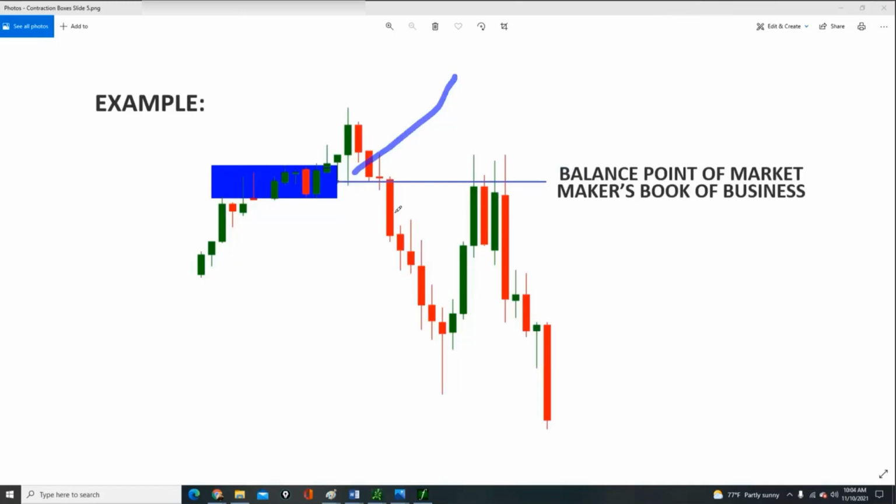Now, you also can have a multi-leg expansion. A multi-leg, this is where I'm really interested in, is when it breaks one direction, pulls back down, and then kind of pulls back up, right? So in this case, this is a multi-leg expansion because it broke out. And think about the psychology.